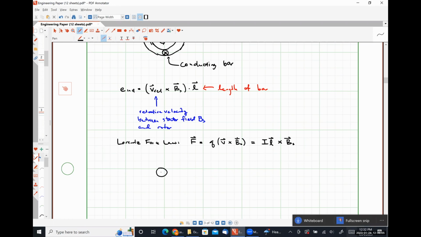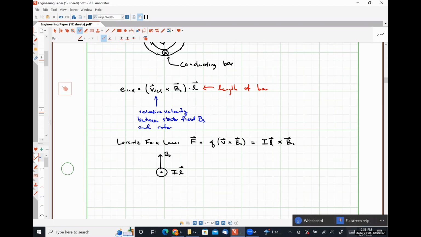So let's look at our top conductor here. Our current is directed out of the board. Our magnetic field is directed up. What should the direction of our force be? Well, this is another place where we apply our right-hand rule, okay?